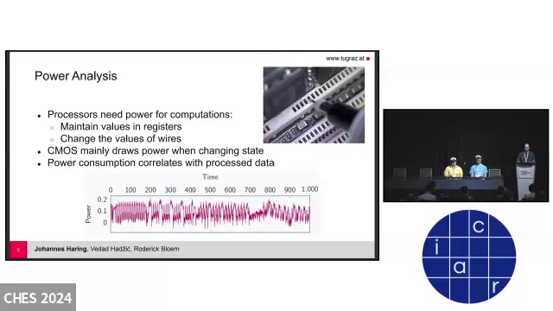They draw power whenever there is a state change within the circuit. And this can be exploited by an attacker by measuring the power consumption of some piece of hardware, performing a lot of different measurements, and then correlating the data to the power consumed, and thereby recover keys, which is something which is very bad.